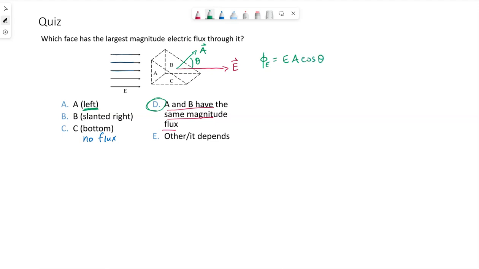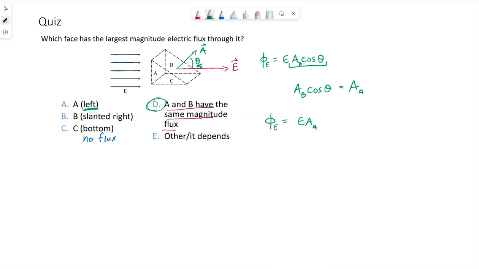It turns out the area of surface B times the cosine of this angle is going to be the same as the surface area of surface A. And that's why if we calculate the electric flux for surface A, the electric field and area vector are already perpendicular, we'll get the same value.